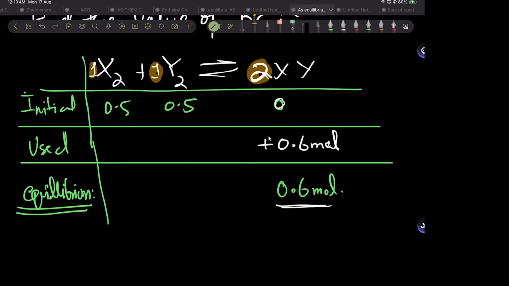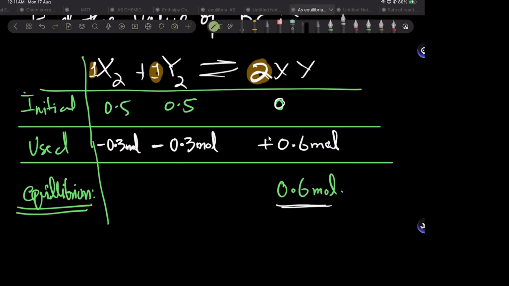So if I have produced 0.6 moles, then half of those moles would be reacting for Y2. So these are the reacted moles. Minus how many moles? 0.3 moles react from here, and also of X2, 0.3 moles will be reacting from this side. Clear?